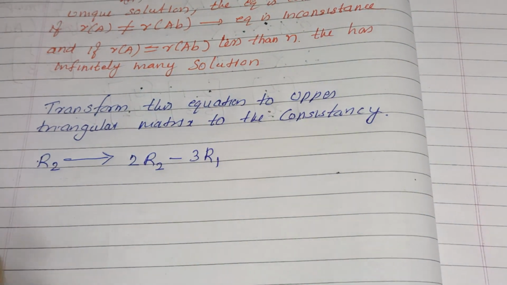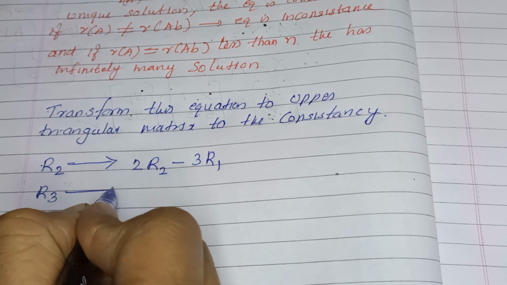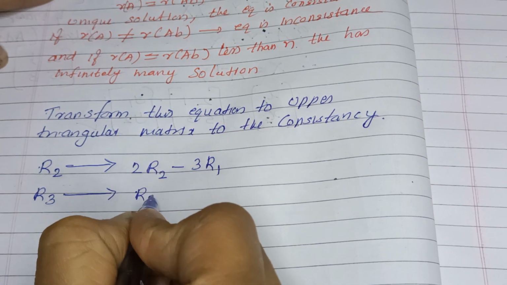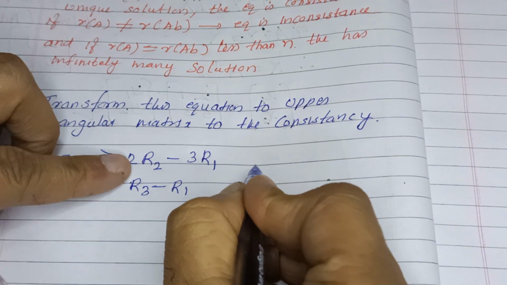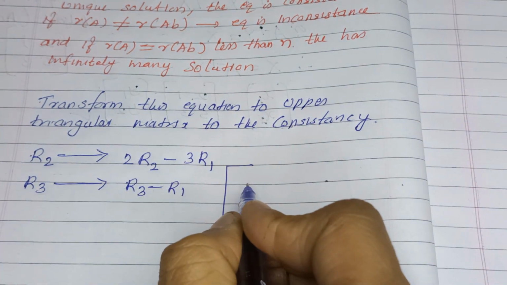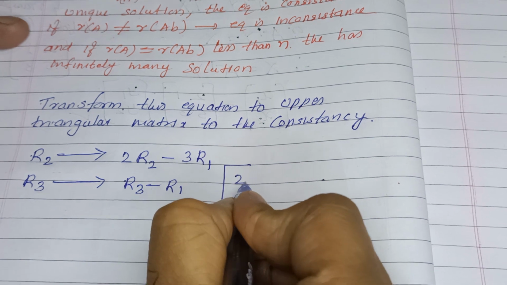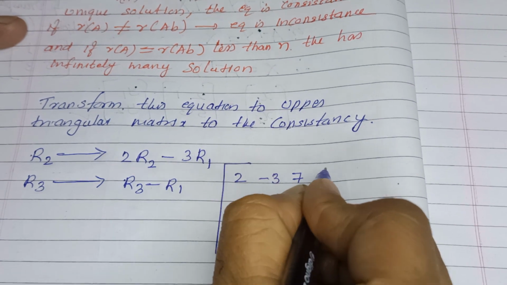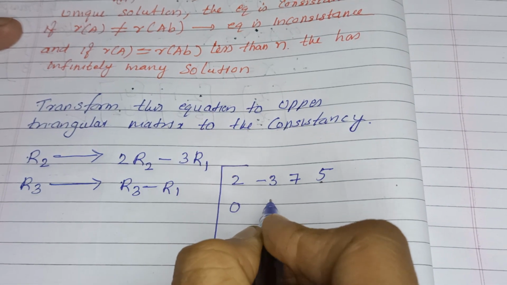Then another one we can do, also work with the third row, and in the third row simply we can subtract R3 minus R1. So the resulting matrix is, the first row we haven't changed, so we write the same: 2, minus 3, 7 and 5. Here we get 0 now.